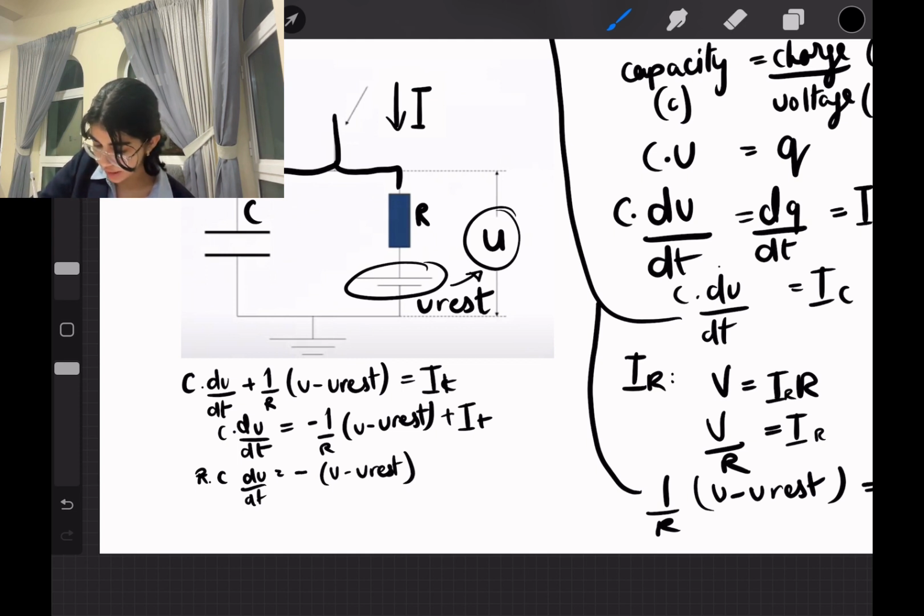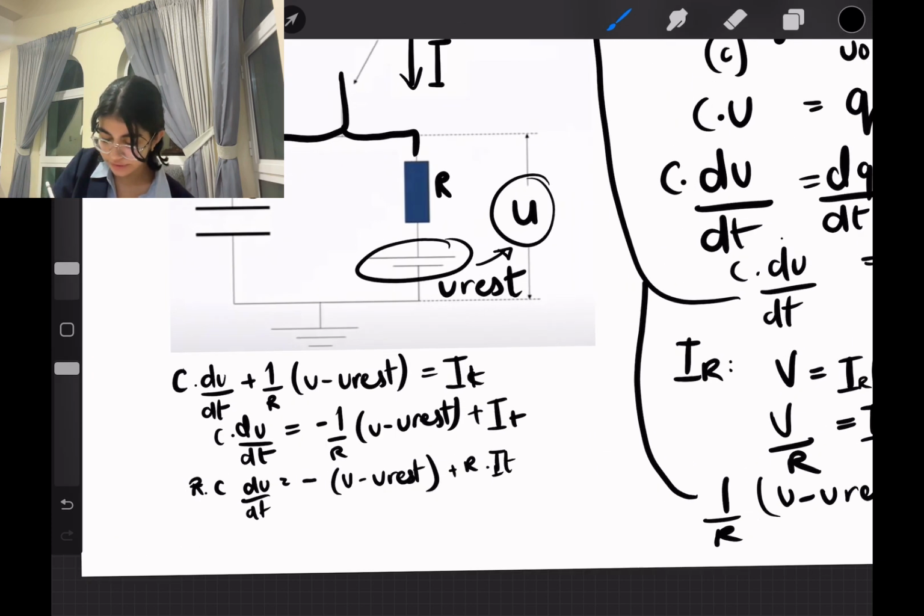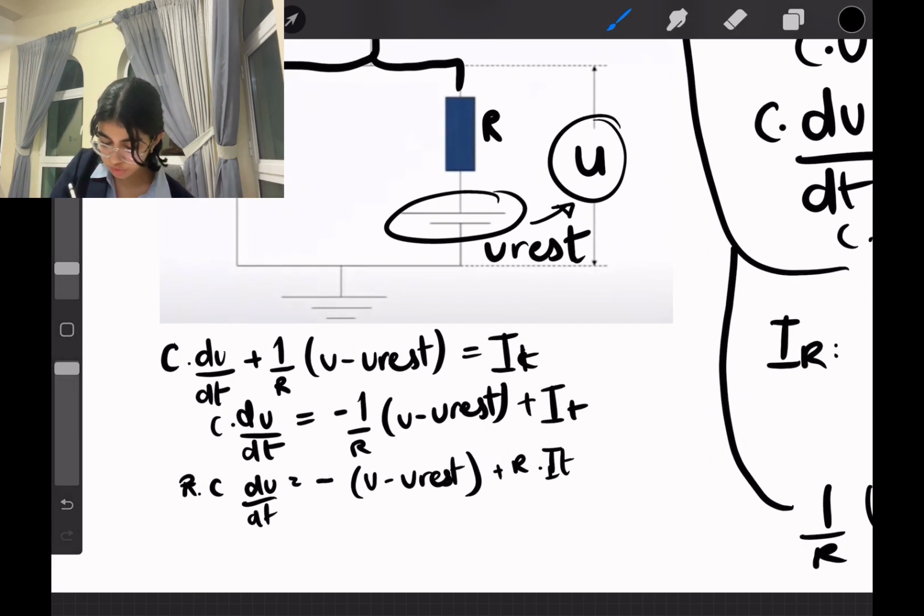plus R times IT. And to notice the units for all the parts of this equation, this would be volts, as volts divided by time times time would be volts, and volts minus another voltage would still be volts, and R times I, according to Ohm's law, is also voltage.